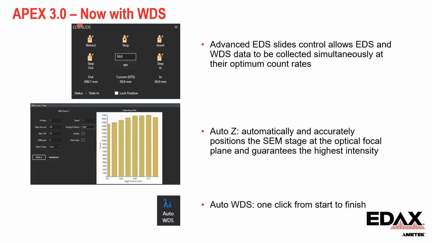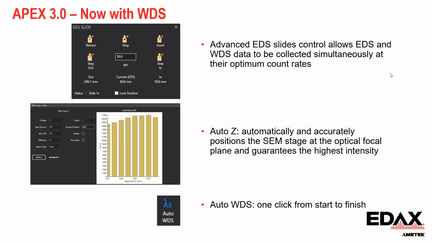We implemented this advanced EDS slide in the 3.0 version. This slide control can precisely control the insertion distance of the EDS slide. You want to do this because WDS requires higher beam current to collect the data.